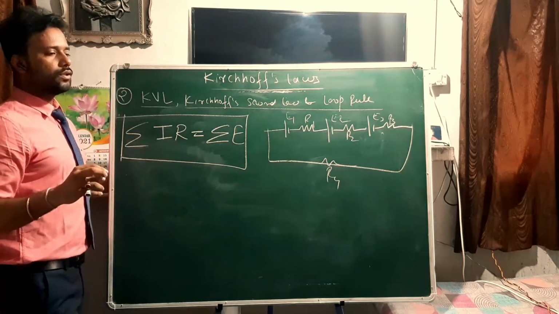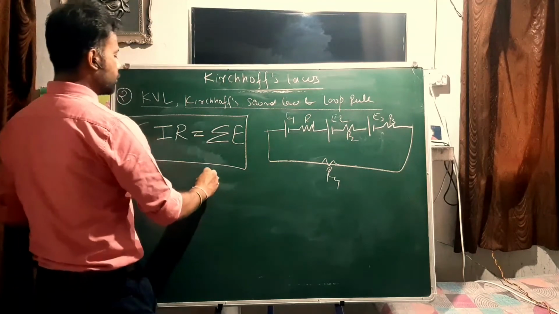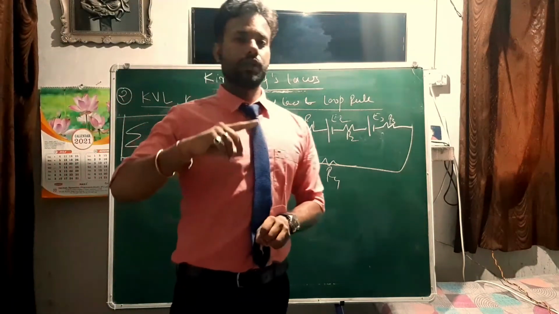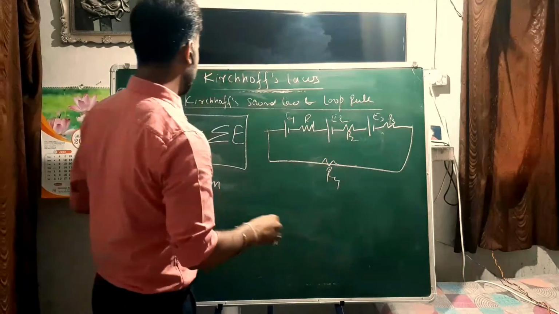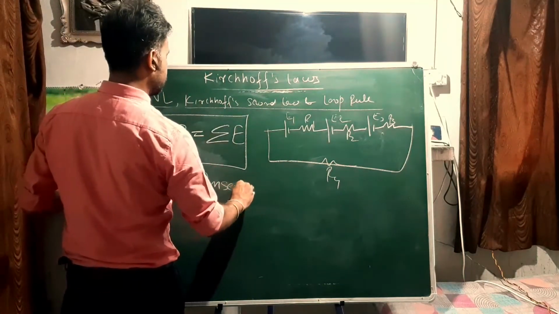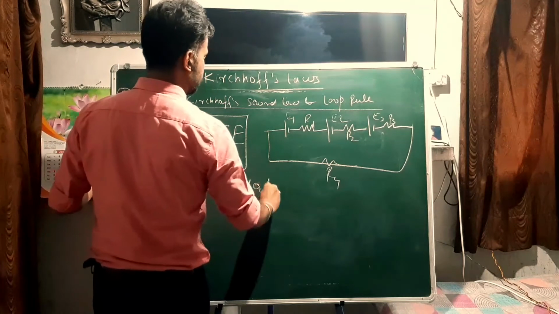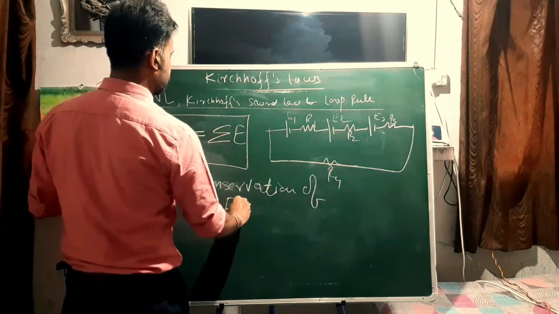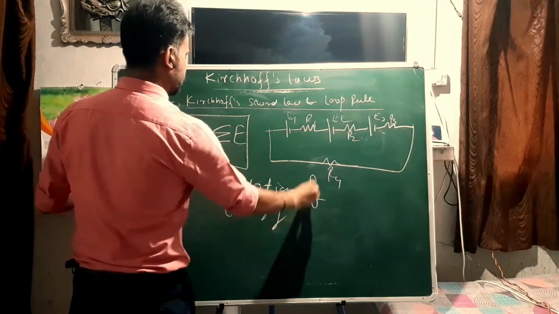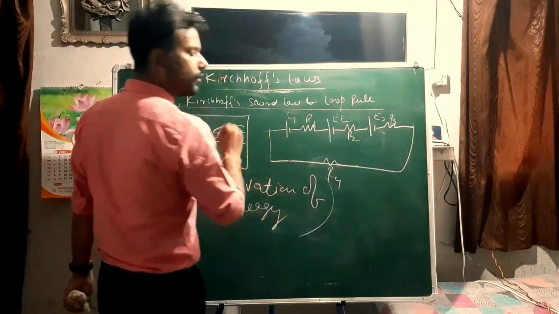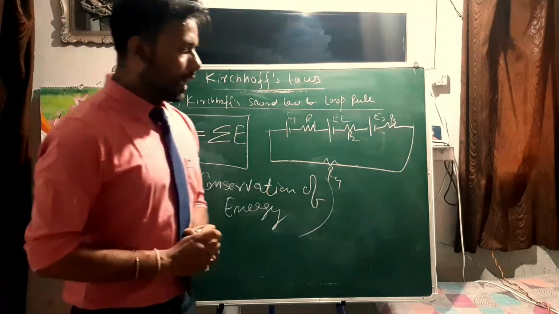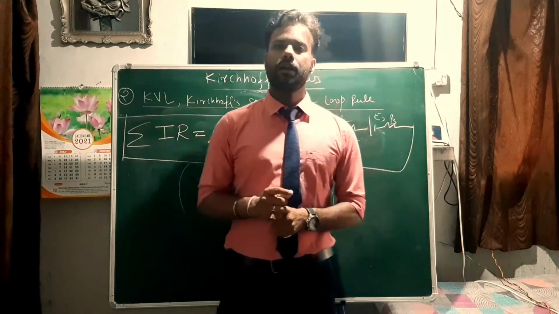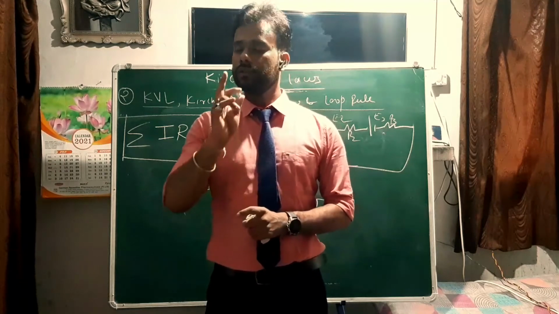This law follows the conservation of energy. Like the junction rule shows the conservation of charge, this shows conservation of energy, right? I will explain how to apply this rule and what the sign conventions are.